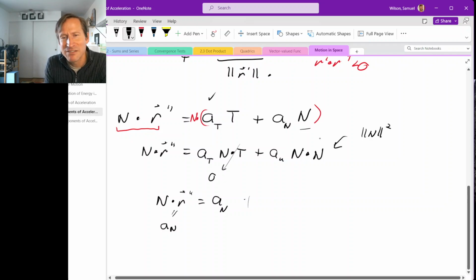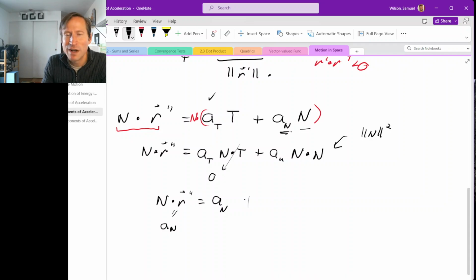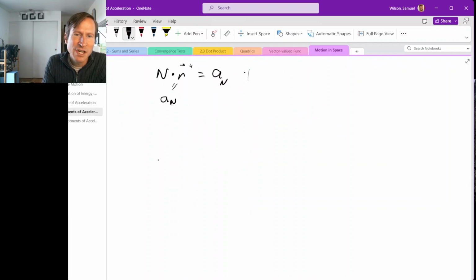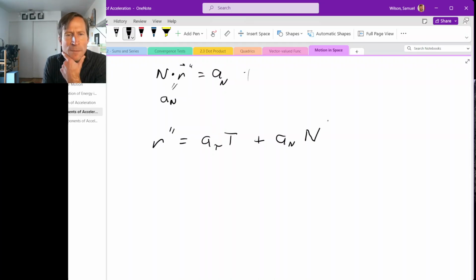If we want some slick way of figuring out what this normal acceleration is, we need some other operation that will give us information about this equation. So let's start over. The first thing we did that worked well is we dotted this with r prime, which made this second piece 0.